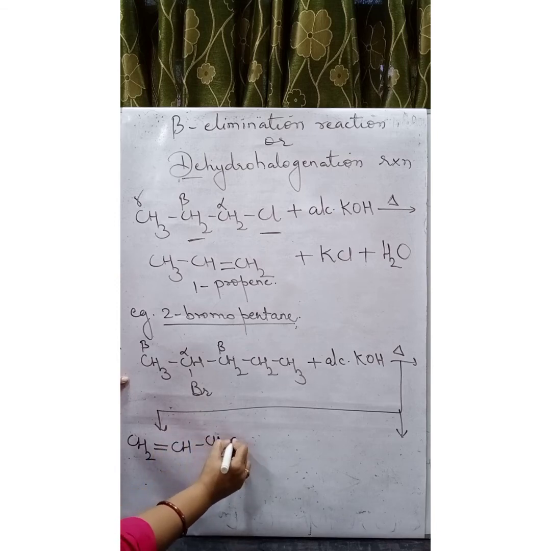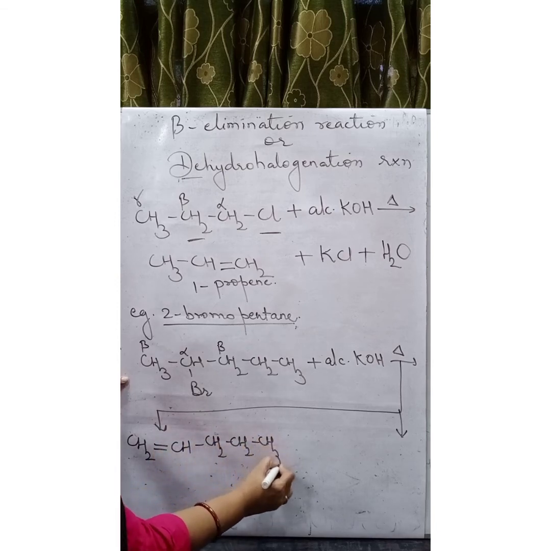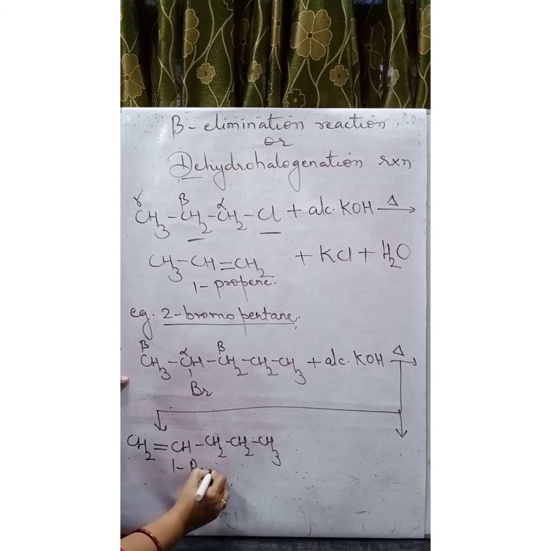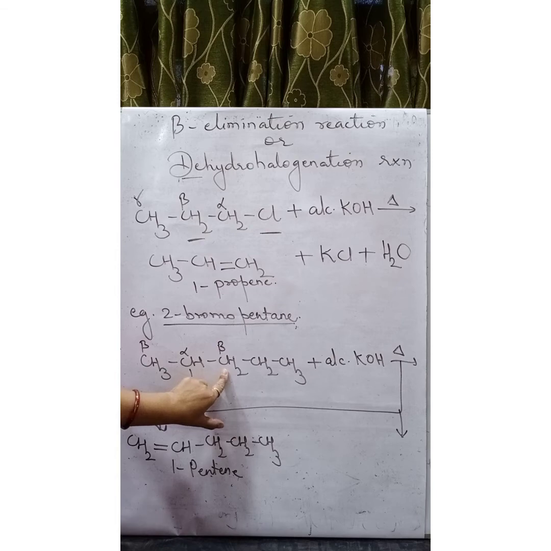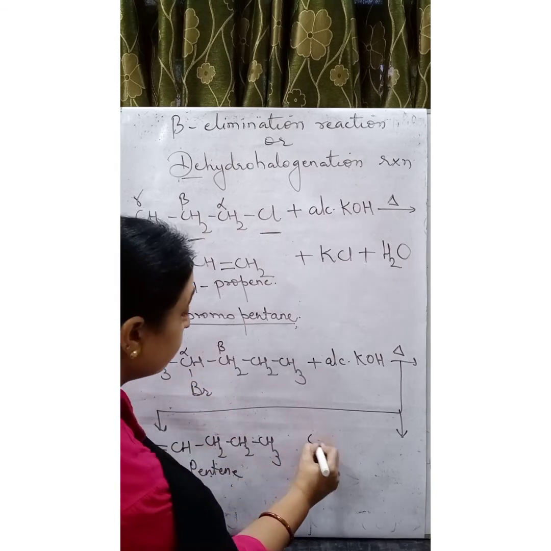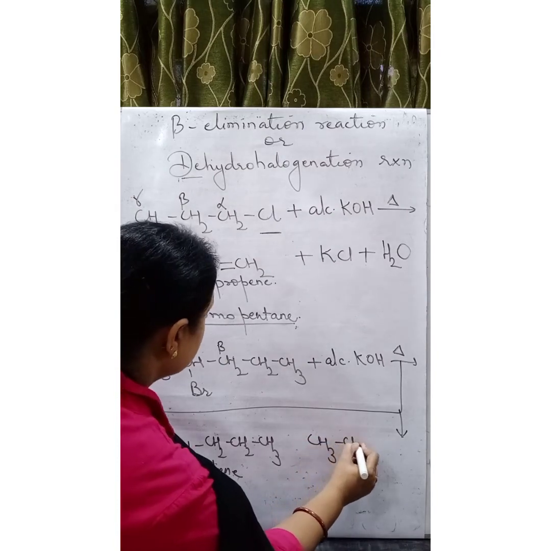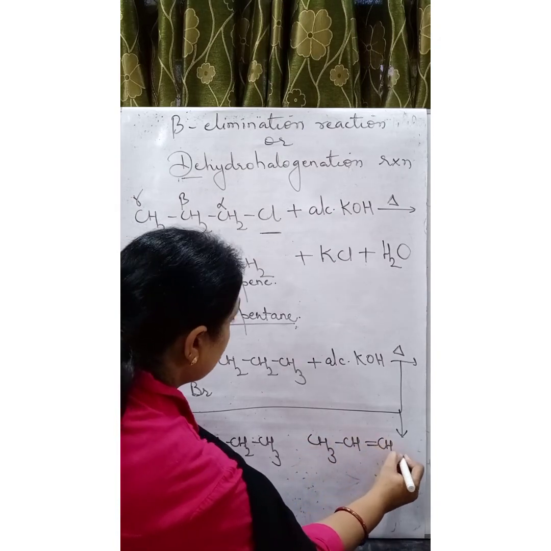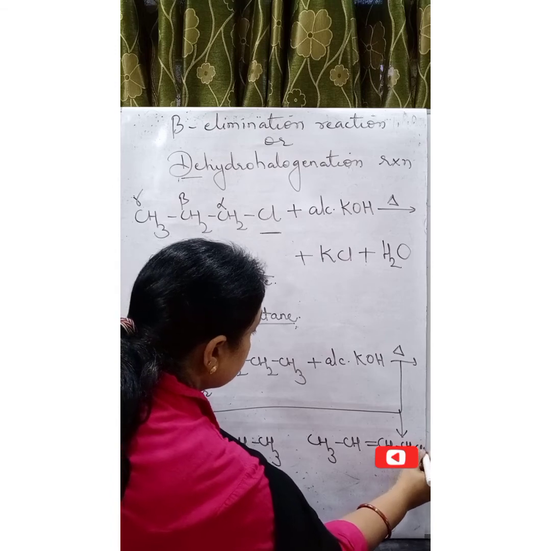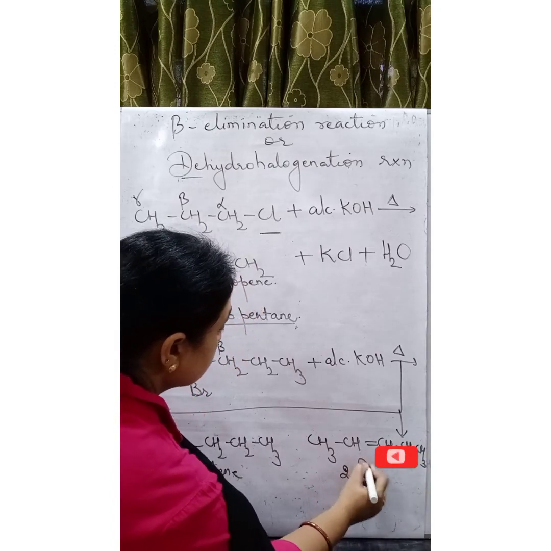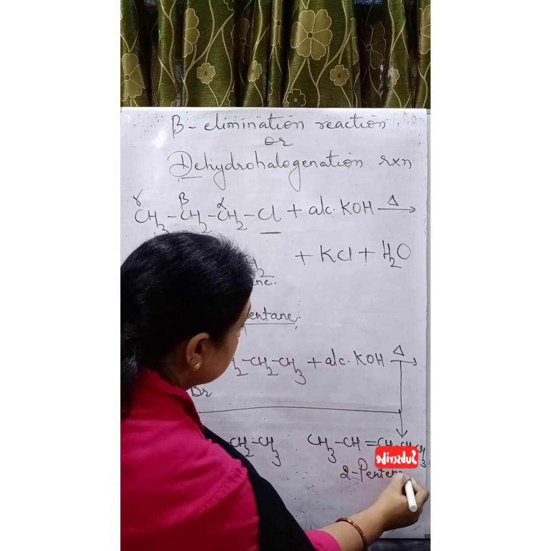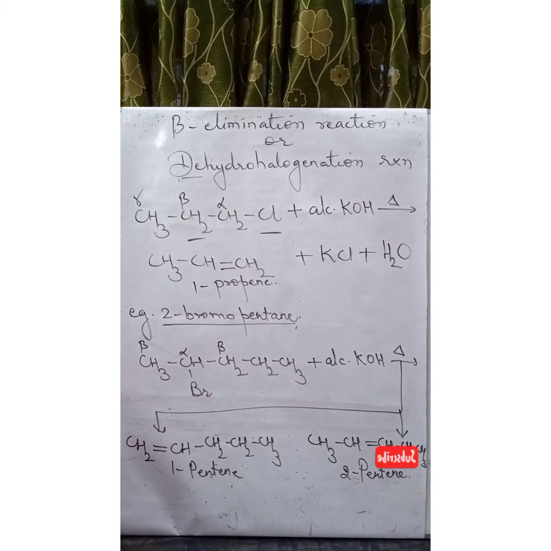So this is our product, which is 1-pentene. If hydrogen gets removed from this beta carbon and halogen from here, then we have the probability of formation of this compound, which is nothing but 2-pentene. Now out of 1-pentene and 2-pentene, which is the major product?